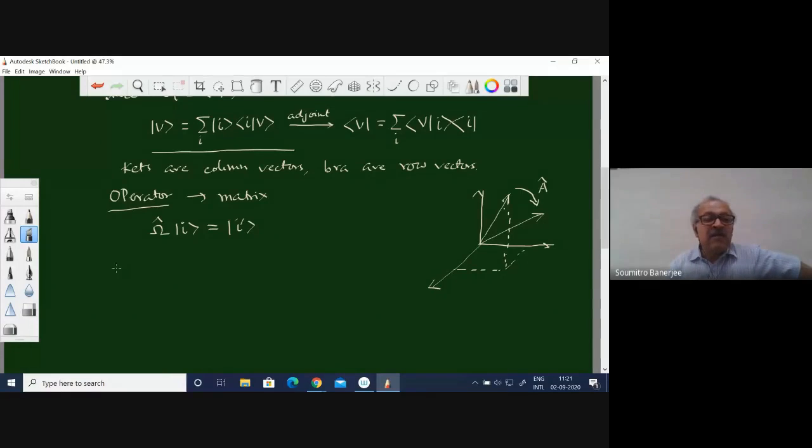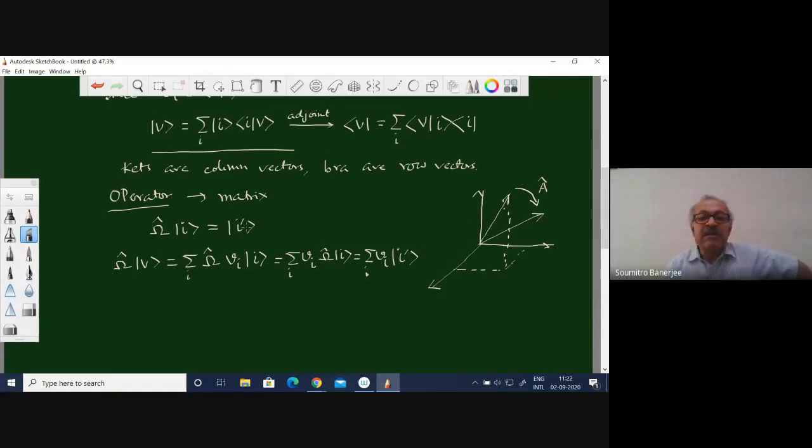Then operating that same operator on any vector V will give omega acting on the decomposition into components, the sum over i of Vi times |i>. Vi is a number, so that remains, and omega operates on |i>, which gives |i prime>.